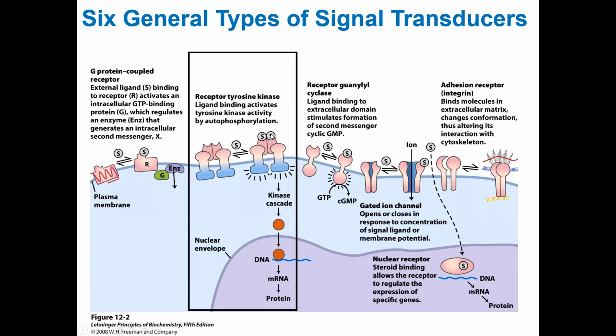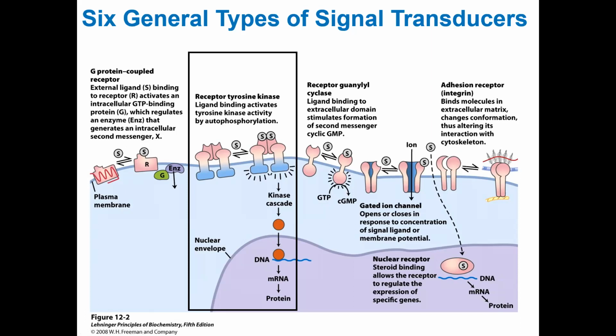And when the signal binds, it actually activates a tyrosine kinase activity on the cytoplasmic side. Okay, so that's what they're showing you in the blue here on the cytoplasmic side. You can see that they are showing you all these lines coming from it, basically trying to tell you that this receptor is now activated on the cytoplasmic side, and that activation is of a tyrosine kinase activity.